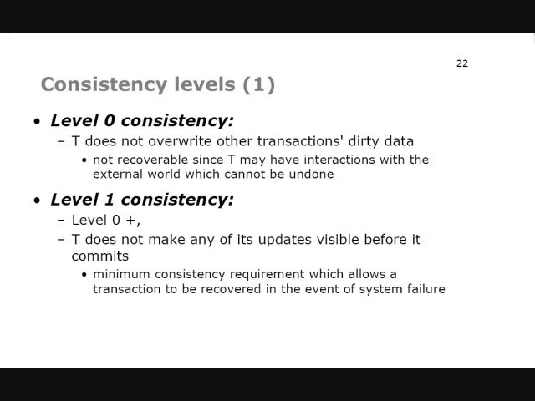So that is going to be the minimum consistency requirement which allows a transaction to be recovered in the event of a system failure. So we want to guarantee at least this level 1 consistency. So a transaction doesn't overwrite the dirty data of other transactions, but it doesn't make its updates visible to other transactions either.